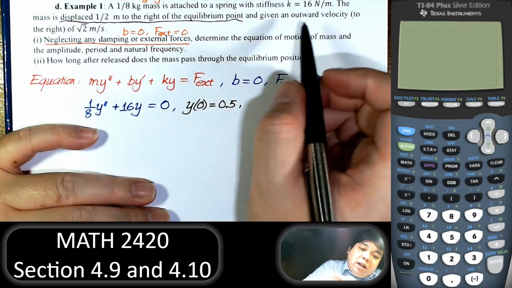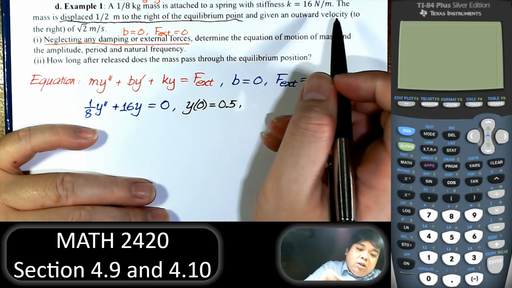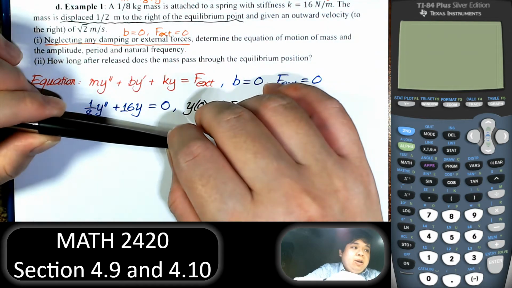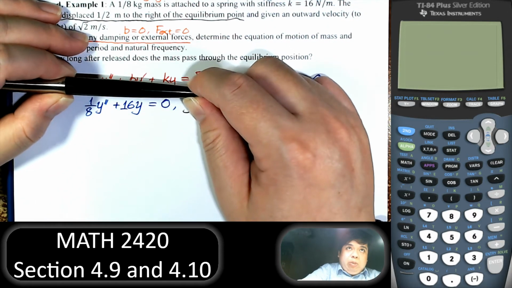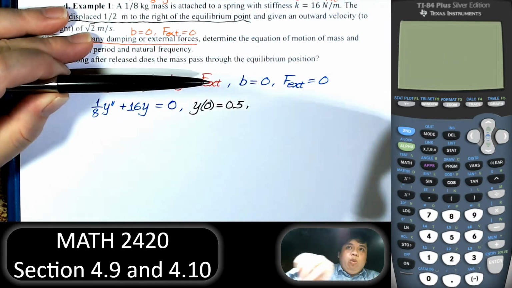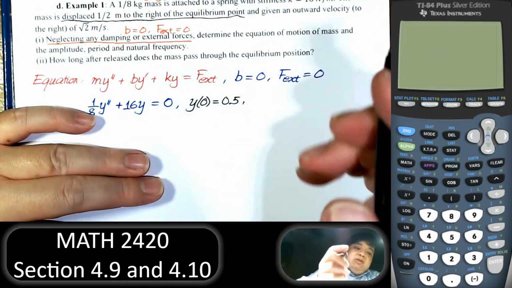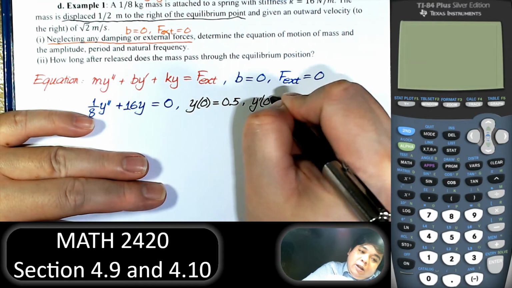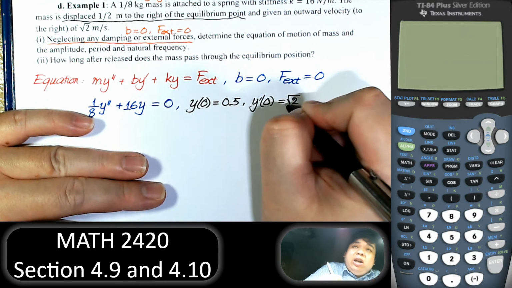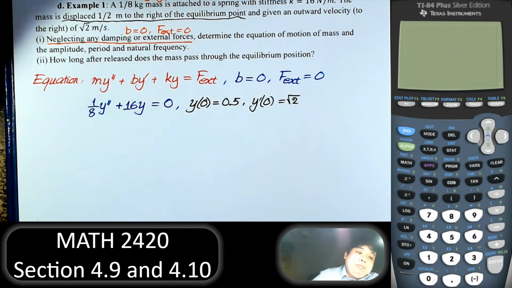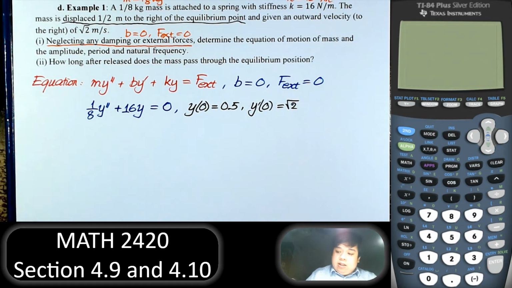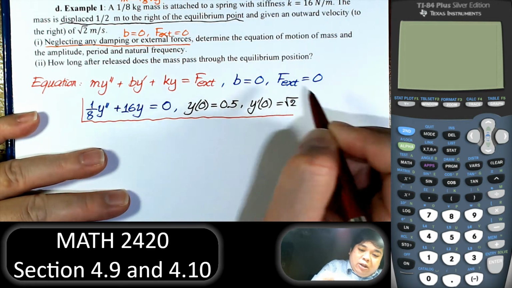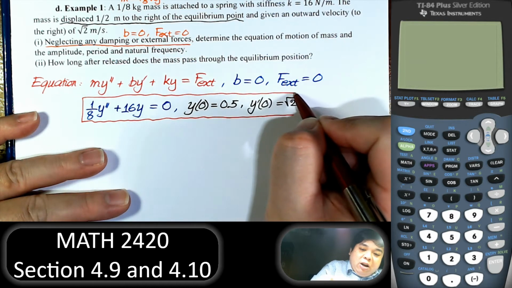And not only that, we give it an initial velocity of square root of 2. It is also positive because it is to the right. So we have this equation and the initial value conditions. So we have an initial value problem.